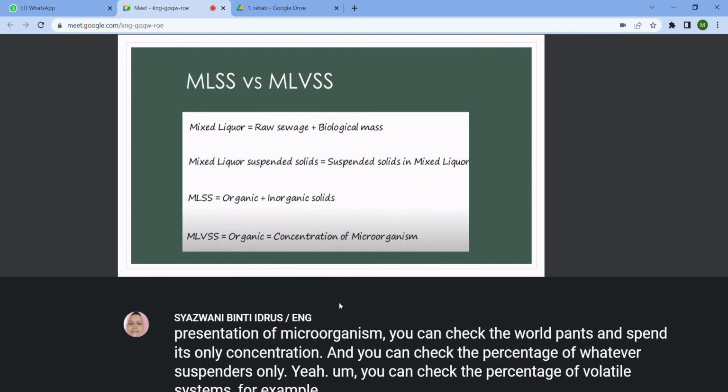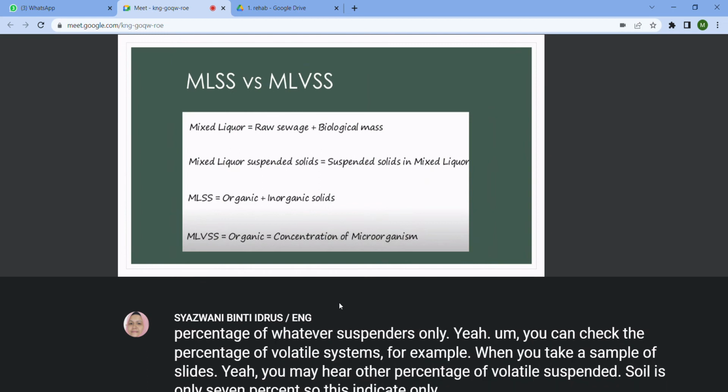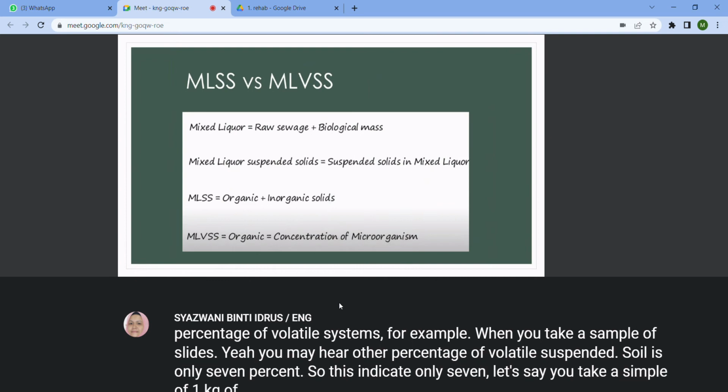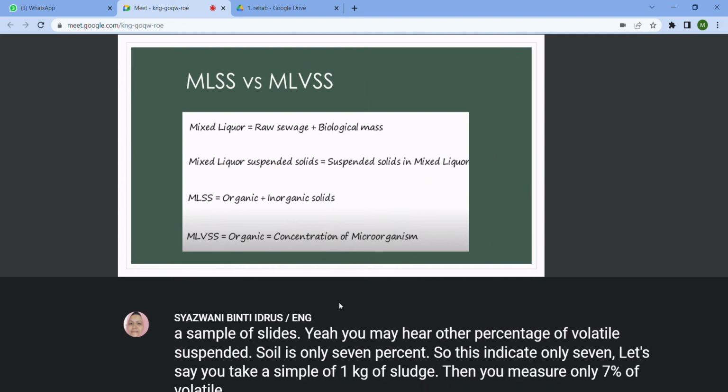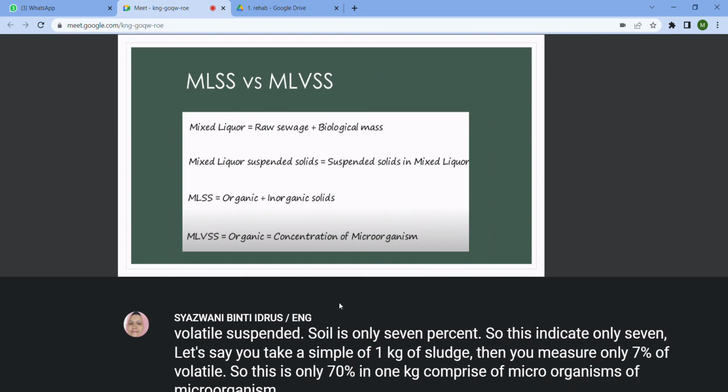For example, you take a sample of 1 kg of sludge, and you measure only 7% volatile suspended solids. That indicates only 7% of the 1 kg comprises microorganisms. So you need to know the difference between these two.